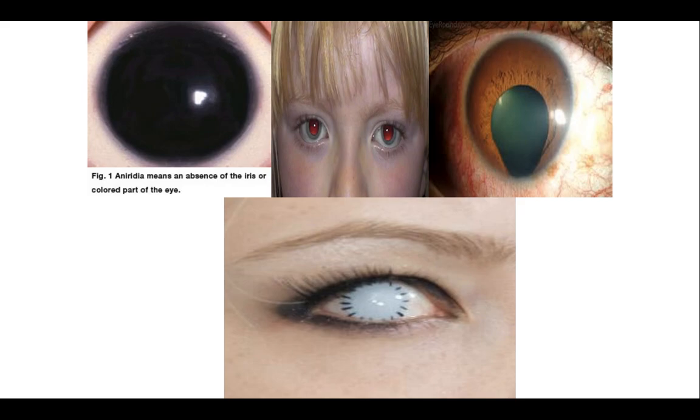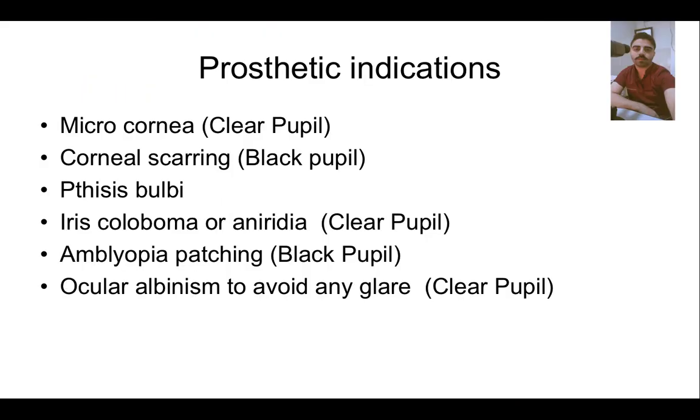So we also improve the appearance of the eye, and along with that, we are interested in improving the vision and the glare of the patient. So in coloboma or aniridia, we always go for a prosthetic contact lens that contains a clear pupil.